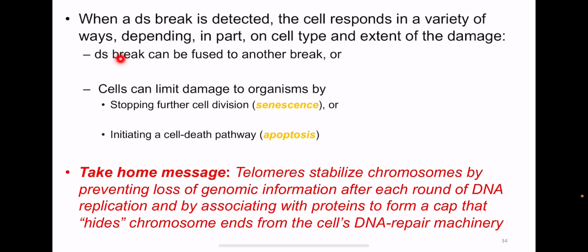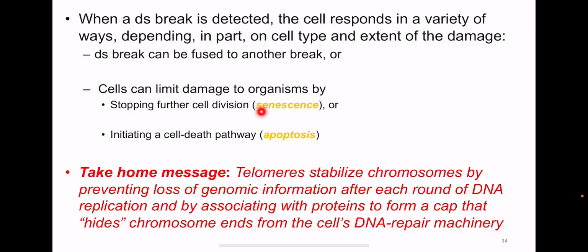So based on the type of cell and the extent of the damage, the double strand can be repaired, or can be fused to another break. Okay, let's say it can be repaired. Or if the cells can limit the damage, they will stop further cell division. So that cell will be like, if it was a human, you would call it infertile.